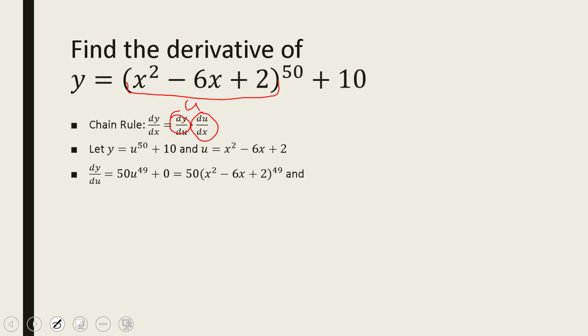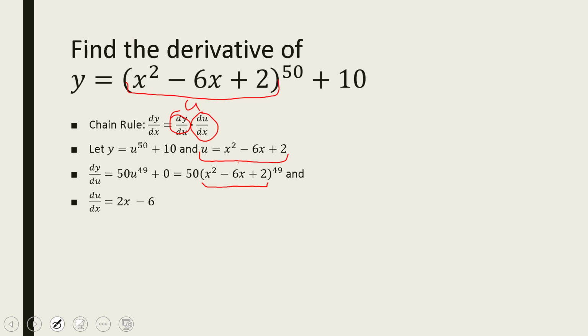Let's plug back in what u is. So instead of 50 times u to the 49th, we'll just say 50 times (x squared minus 6x plus 2) to the 49th. Because that's u. And then let's also find the derivative of u with respect to x. The derivative of x squared is 2x, and the derivative of negative 6x is just negative 6, and the derivative of 2 is just 0, because the derivative of any constant is 0.